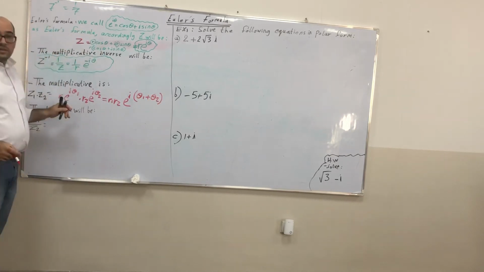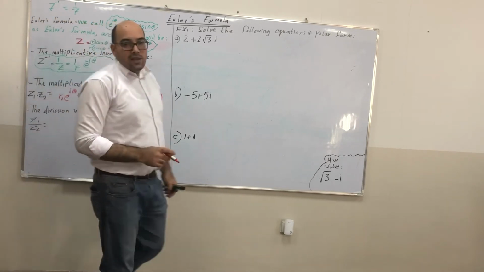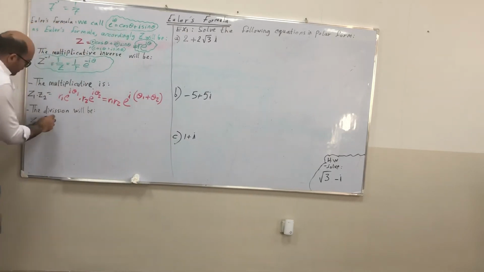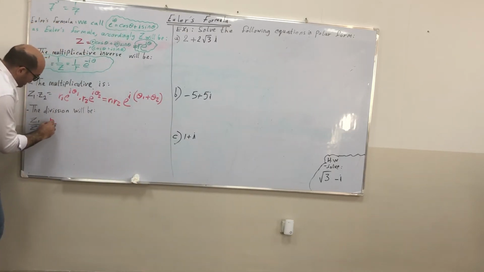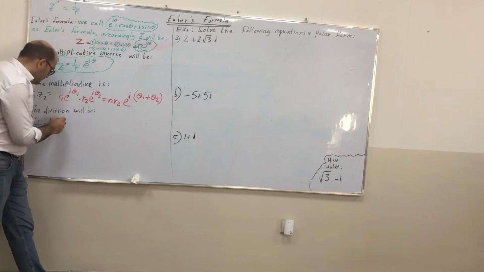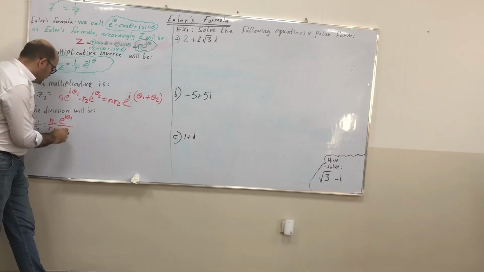So, if we take the division, how is it going to be? z1 over z2. You know that z1 is r1 divided by r2, okay? z1 is the exponential of theta 1 times the complex number i. So it's exponential of i theta 1 over exponential of i theta 2.